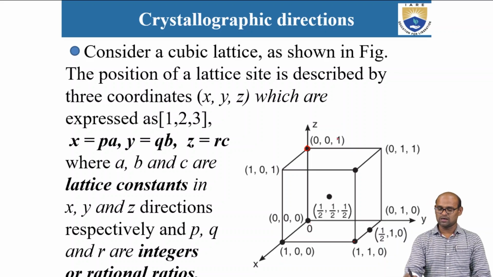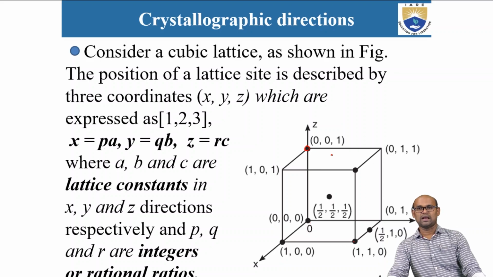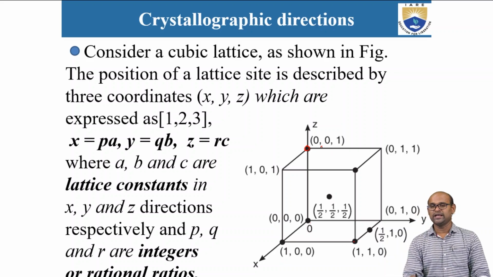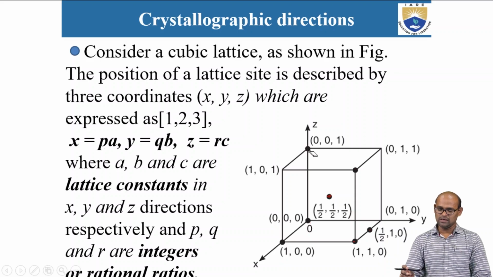These are separated by commas and enclosed in parentheses, right? This is the index of this lattice site, this lattice site, and so on. This one is at the body center, so it is 1 by 2 comma 1 by 2 comma 1 by 2. Okay, so these are the indices of the unit cell.